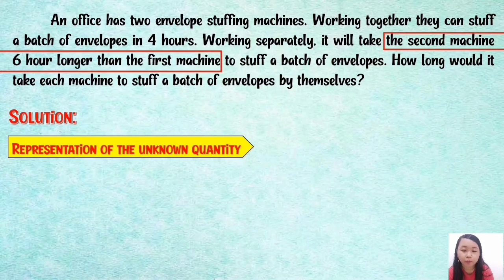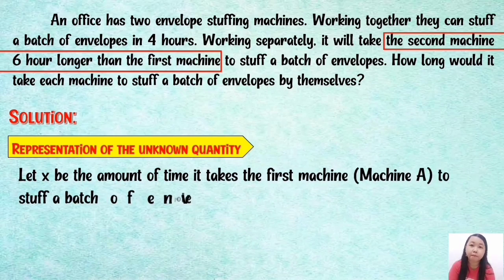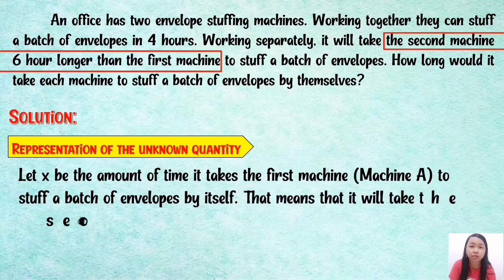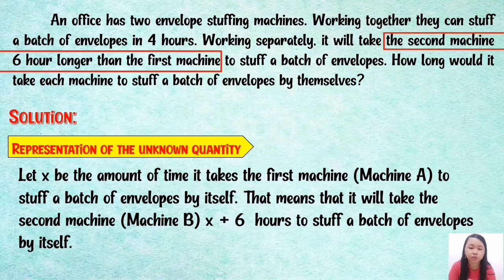So according to the problem, the second machine takes 6 hours longer than the first machine. So the operation here is addition since we have longer than. So let x be the amount of time it takes the first machine, let us name it machine A, to stuff a batch of envelopes by itself.